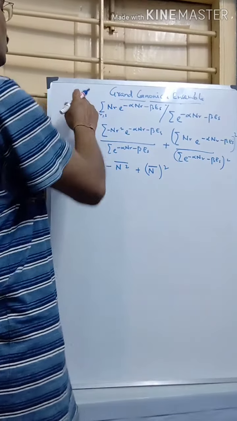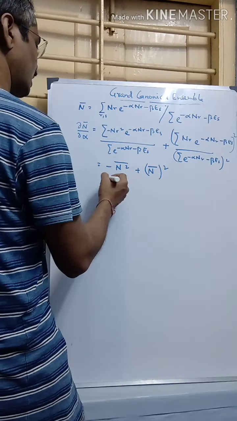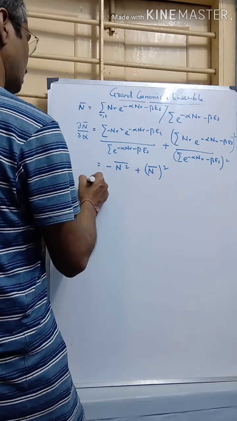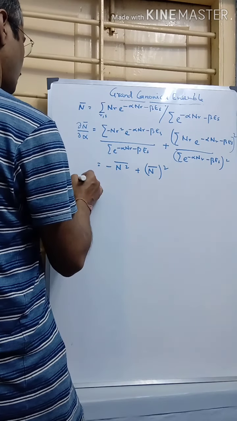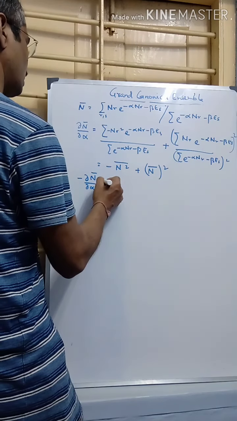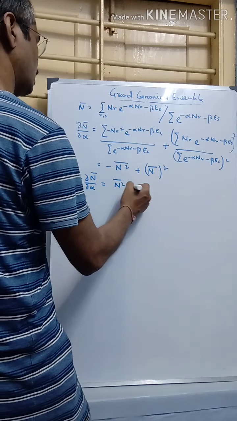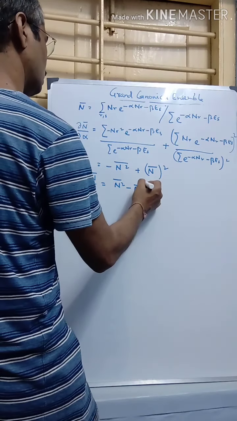Because of the definition, we can say that minus del n average del alpha is equal to n square average minus n average square.